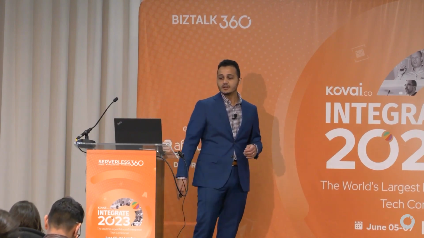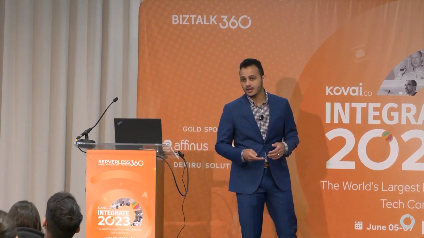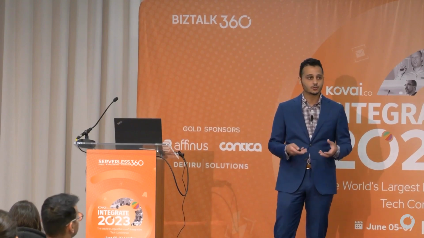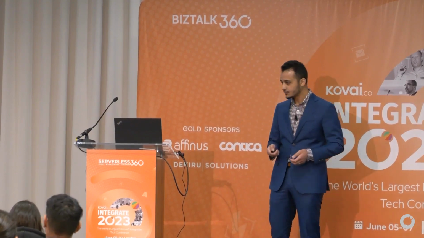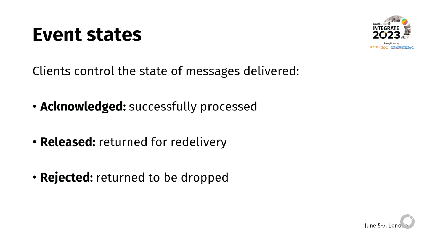And finally, I wanted to mention the capability that we provide your subscribers to control event states. Specifically, as your subscribers pull messages out of Event Grid, they're able to either acknowledge the message, pretty much telling Event Grid, hey, I successfully processed this event, you can now delete it from the topic.